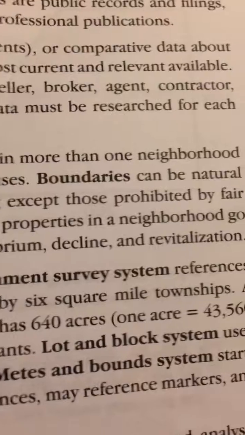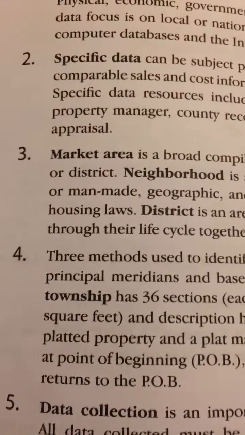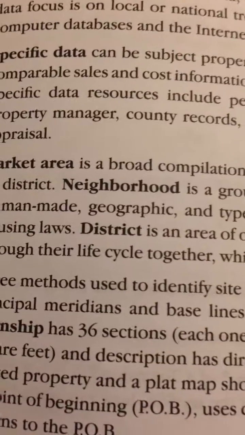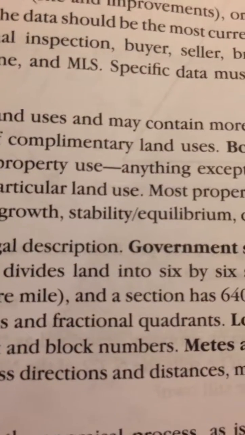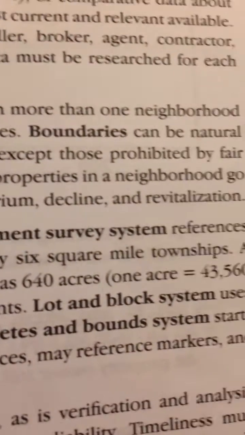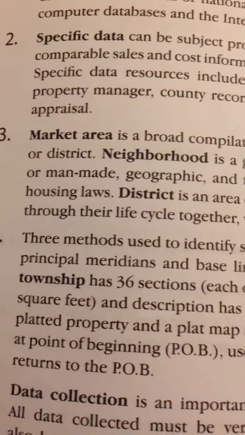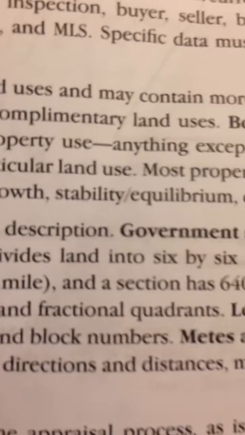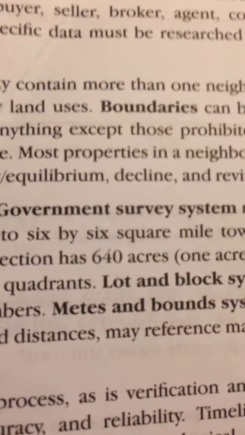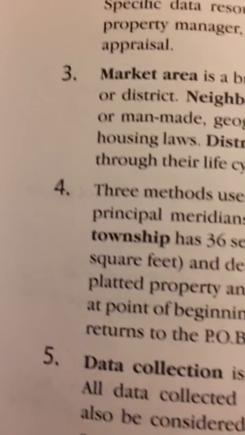Anything except those prohibited by fair housing laws. District is an area of one particular land use. Most properties in a neighborhood go through their life cycle together, which is growth, stability/equilibrium, decline, and revitalization.